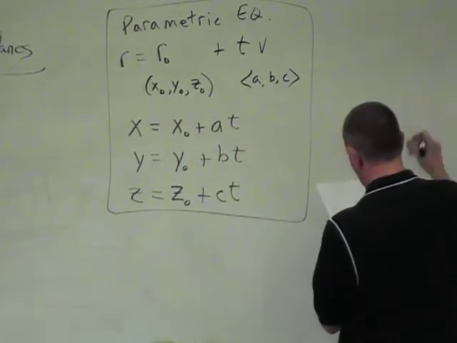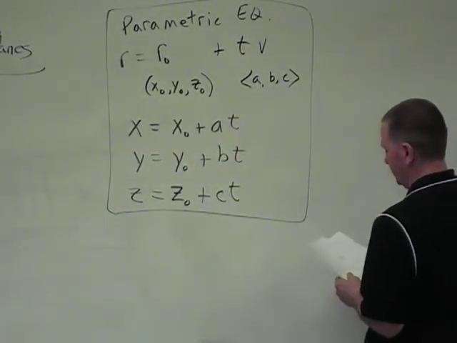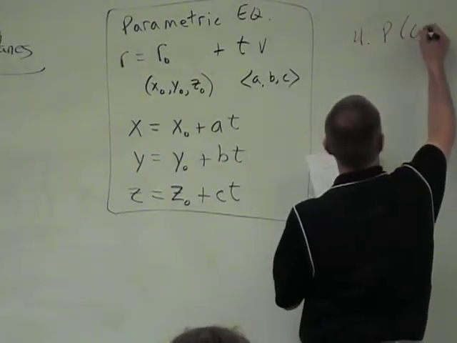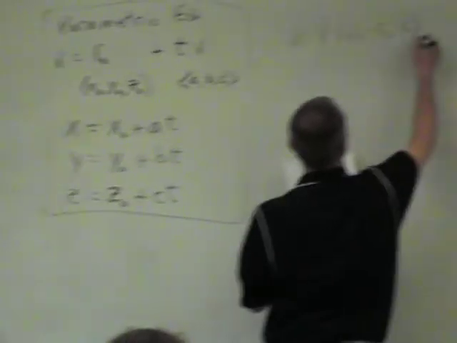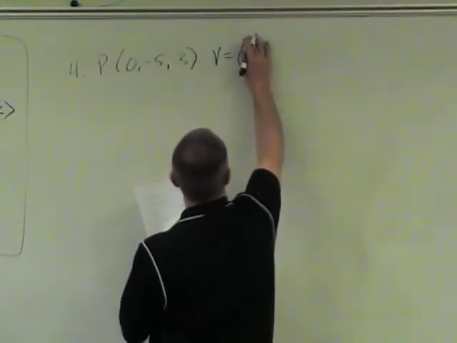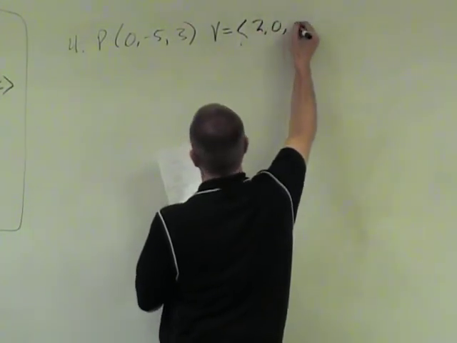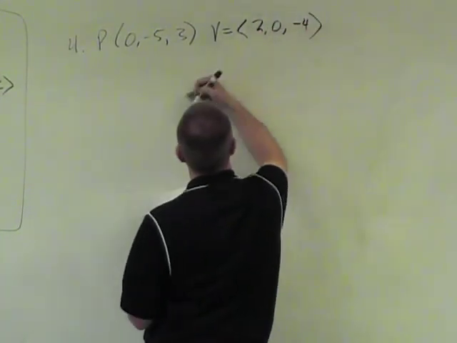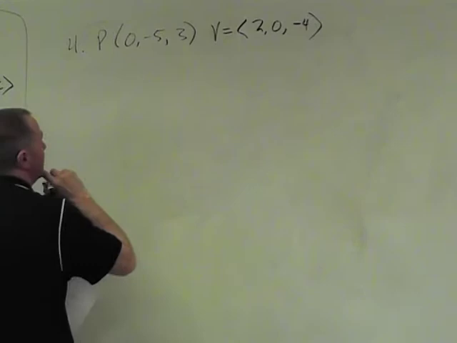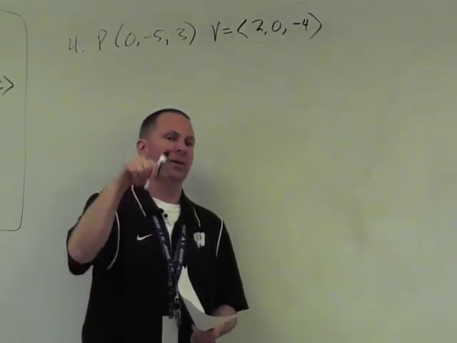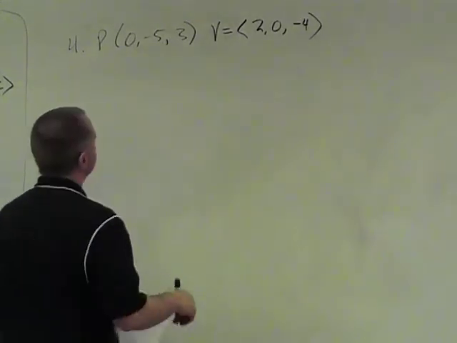So let's start with number 4. Your initial point P is 0, negative 5, 3. And your vector is 2, 0, negative 4. So I'll do this one with you, even though I think you can do it. I want the parametric equations that have this initial point and that vector.